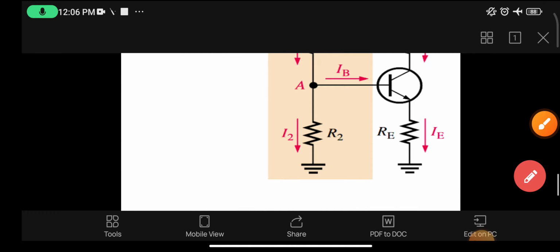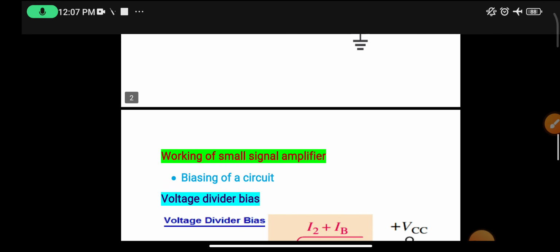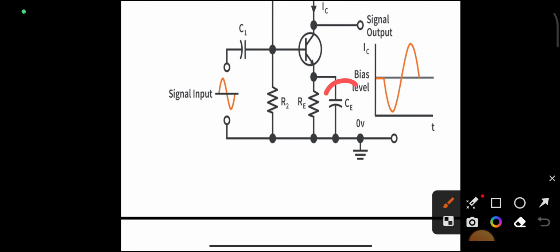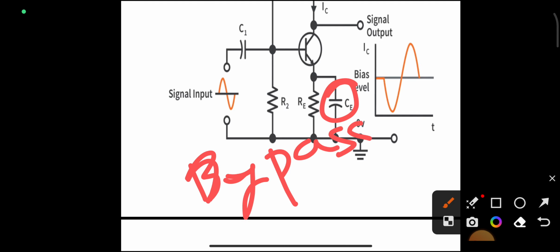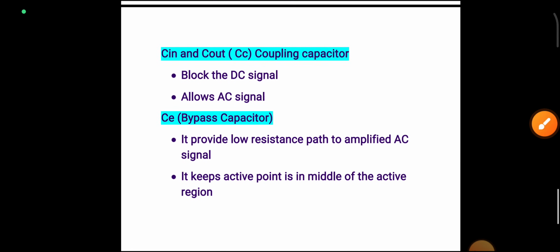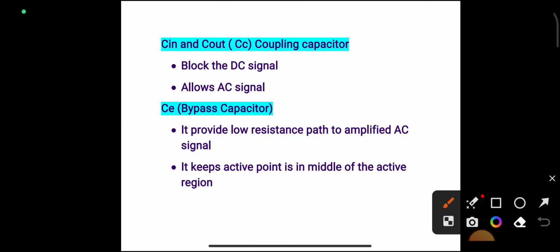Next, the circuit also contains another capacitor called CE, the emitter capacitor or bypass capacitor. So what is the function of the bypass capacitor? These capacitors, the bypass capacitor, provide a low resistance path to the amplified AC signal.